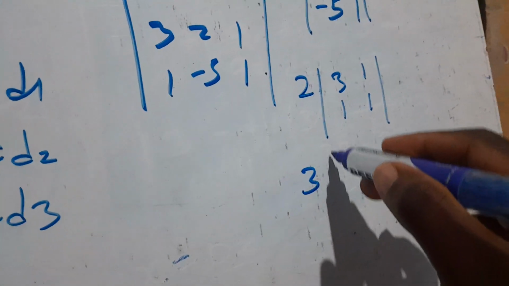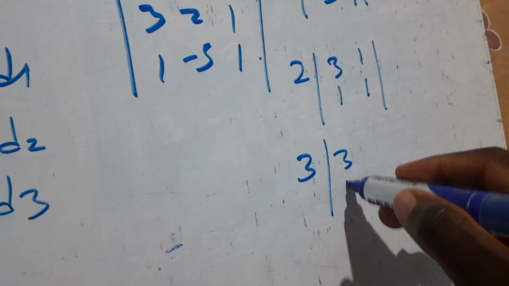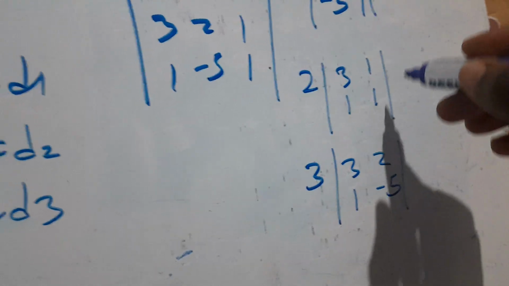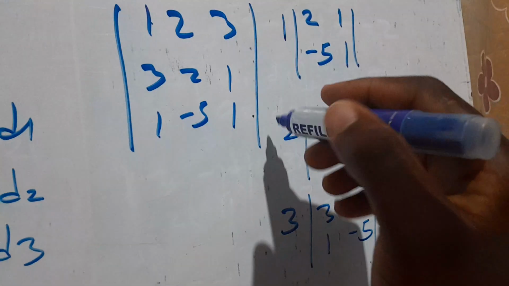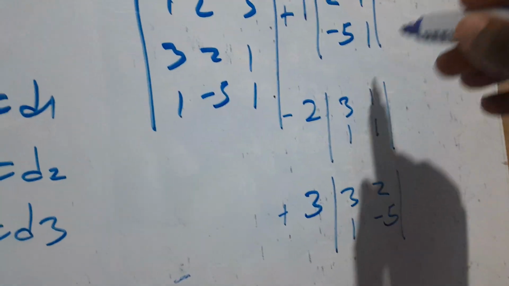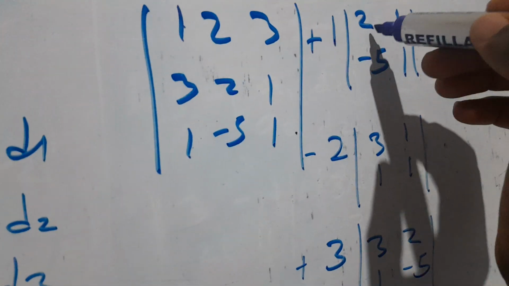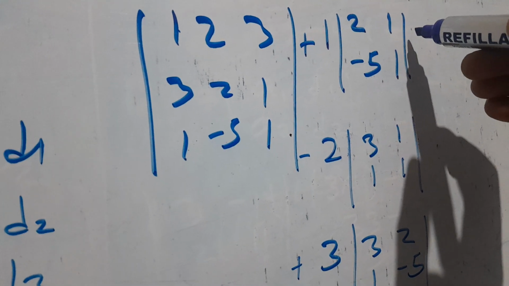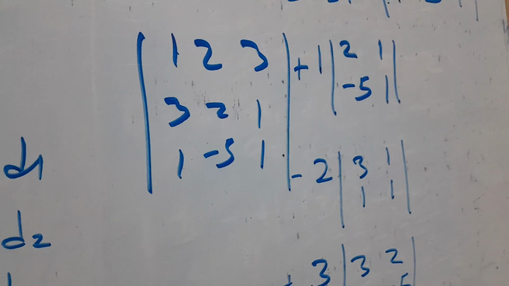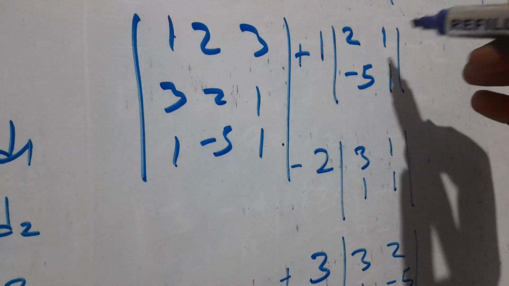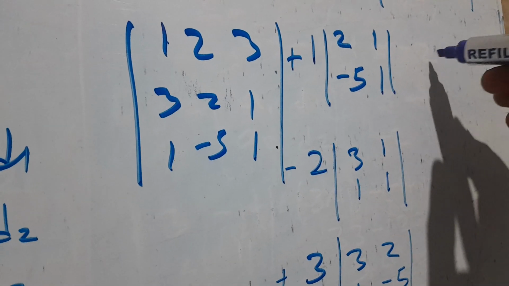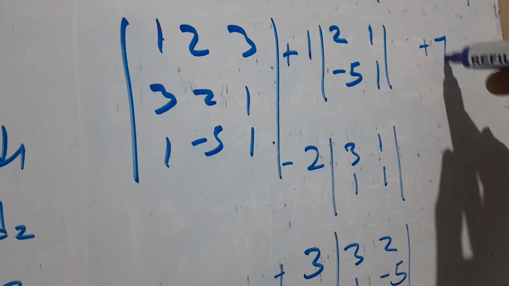We then have 3, 3, 2, 1, negative 5. The signs go plus, minus, plus. 2 times 1 is 2, minus negative 5, you find 7. So you will have plus 7.